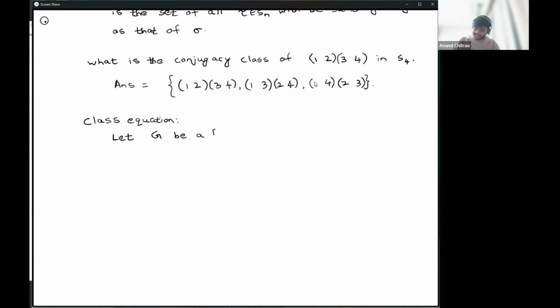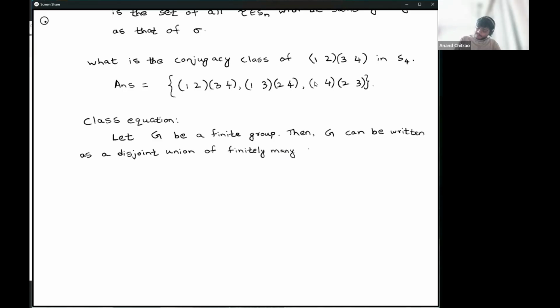Let G be a finite group, then G can be written as a disjoint union of finitely many conjugacy classes.